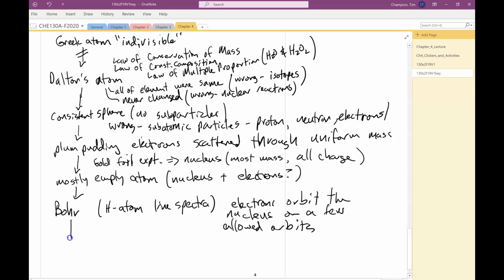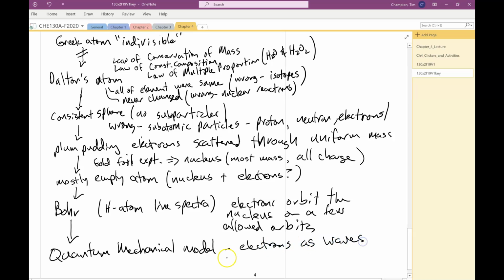And then the Bohr model goes on to the quantum mechanical model. We still have the nucleus. Now the electrons are treated as waves. We have regions of probable electron density, as we call it, that are orbitals.